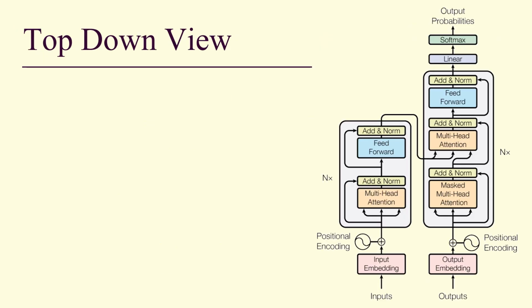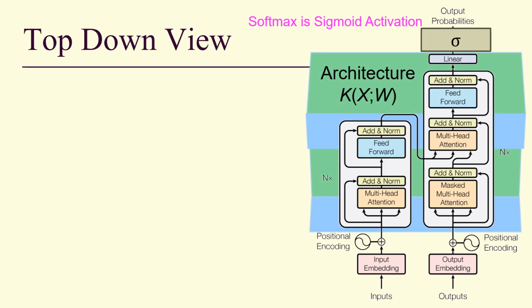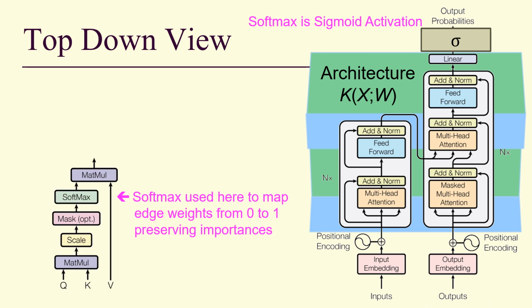So given that, let's take a top-down view of our transformer. Notice we have a final softmax layer. That is a sigmoid-type activation, which means this entire transformer structure is really an architecture. It's a realistic implementation of a kernel type of structure, a feature engineering design. Now in the attention head, the softmax was used, but it wasn't used in the same way.